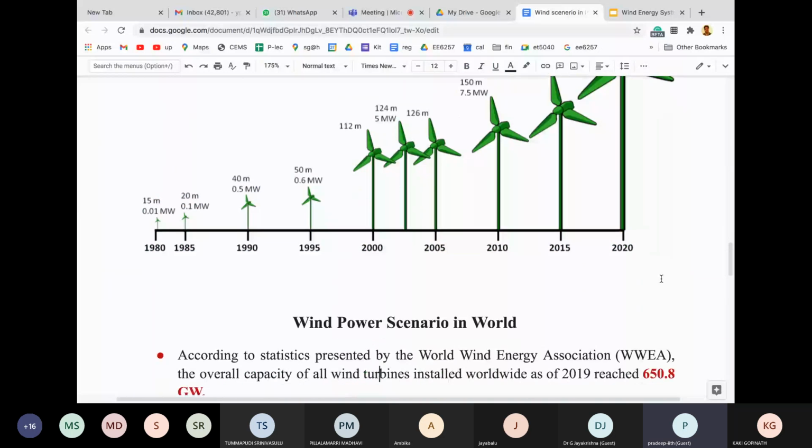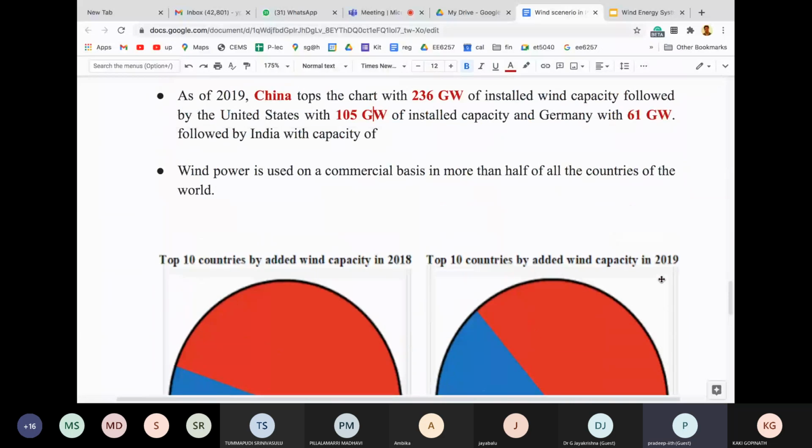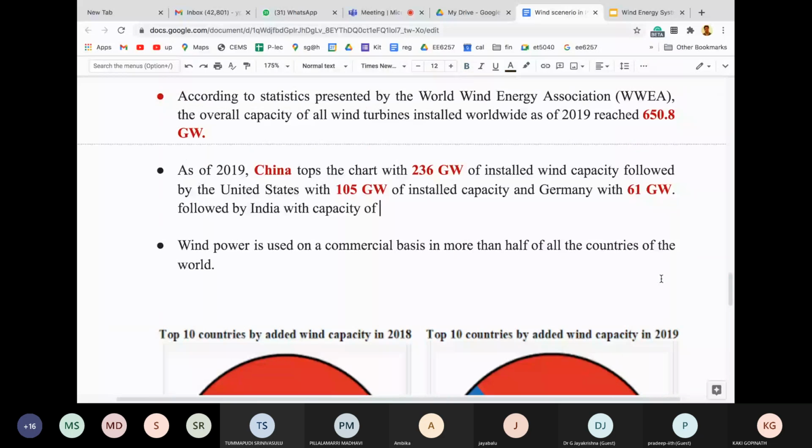We can actually compare. I'll just show you the comparison. For example, Germany is almost double that of India, and the United States is about 3 times, and China is also much larger.